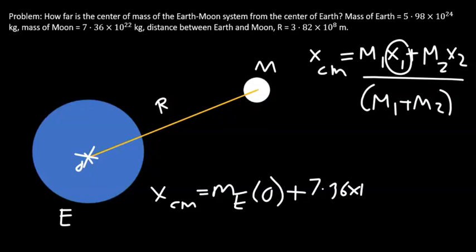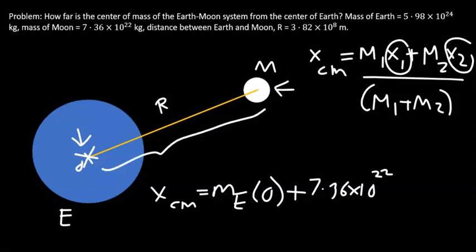7.36 times 10 to the power 22 kg. x2 is the coordinate of the Moon measured from that origin, so it has to be the entire distance, which is r. And we also know what r is, times 3.82 times 10 to the power 8.